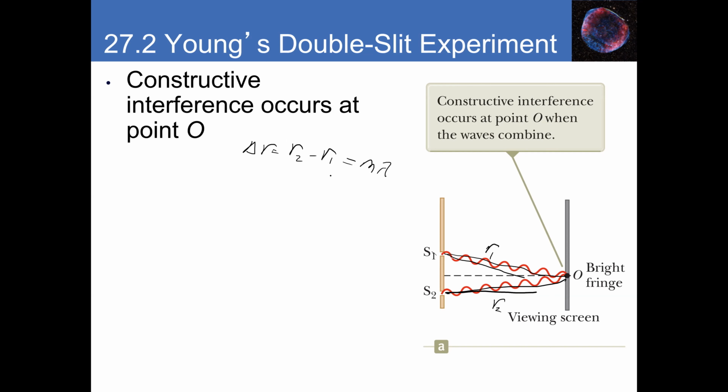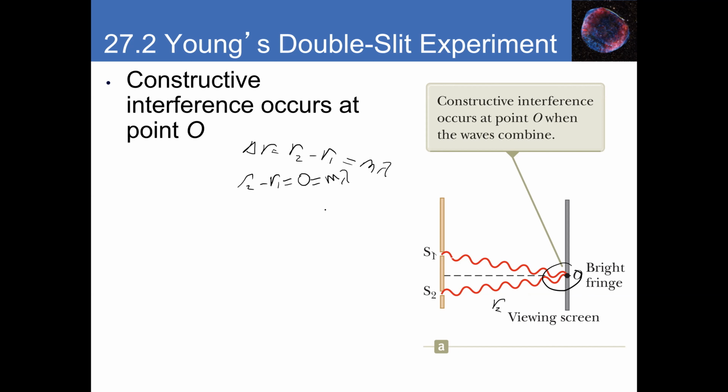For this particular case, since this is exactly at the center, both waves are exactly the same distance from the point of interest O. Then R2 minus R1 gives me 0. And then 0 equals m times lambda.